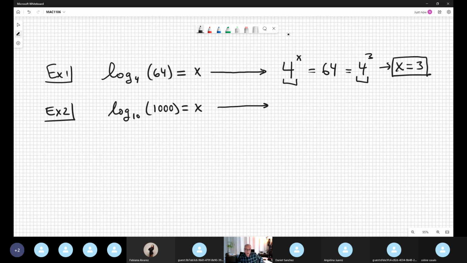However, I know the conversion from logarithmic statement to exponential statement. I know that the base is 10, the exponent I don't know, is equal to 1000. Do you understand this part very well, guys? This is the most important. The rest is pretty easy. The conceptual part is this: how we convert a logarithmic statement to an exponential statement. And 1000 is obviously 10 to the third power. Yes or no? Because 10 times 10 is 100, and 100 times 10 is 1000. Therefore, it's obvious that x is equal to 3.